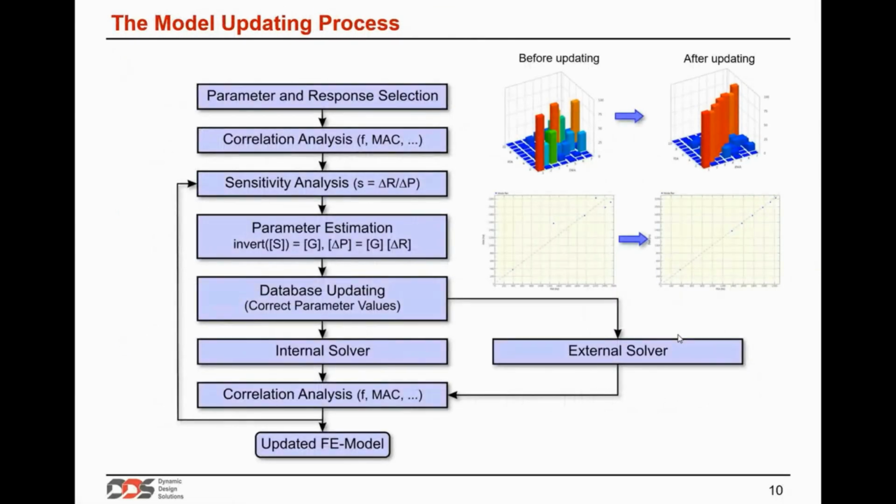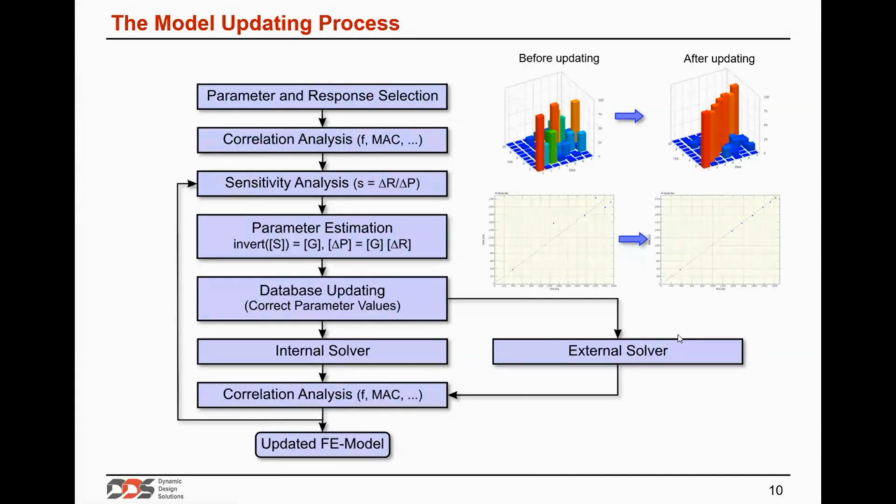The process itself can be automated once the parameters and responses have been selected. So this is the engineer's responsibility, to make a choice about all the parameters that are potentially selectable. Again, it depends on the application. Is it a local change, or a global change? Is it for improving the validity of the model, for design optimization, or for damage detection?